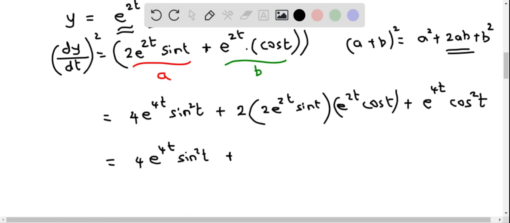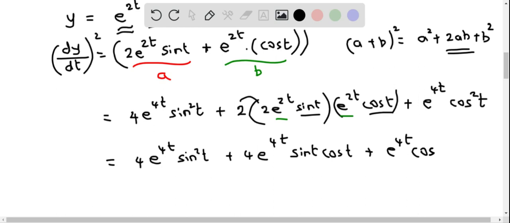This will be plus 2 times 2 is 4. And once again, we have e^(2t) as well as e^(2t), so when you multiply this, we get e raised to the power of 4t, and then we have sin t cos t. Plus the last term is e^(4t) cos squared t. So this is the expression for (dy/dt) quantity squared.